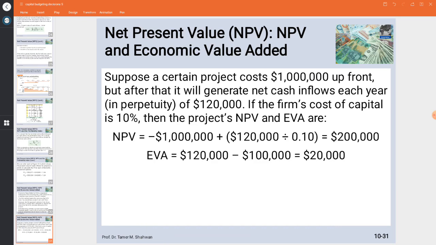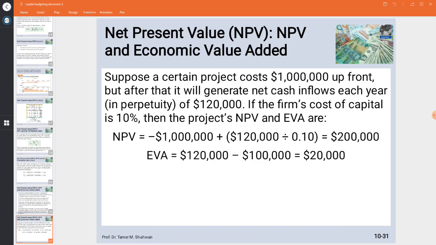But let us see how we could examine this project using the concept of economic value added. In the concept of EVA, this is equal to the pure economic value that we are going to earn. This means that every year we are going to earn 120,000 US dollars.